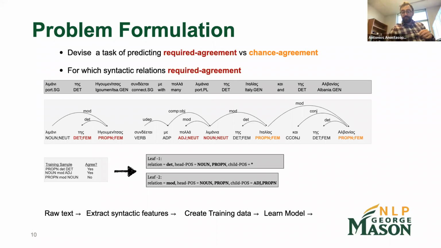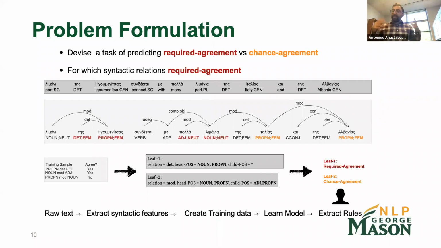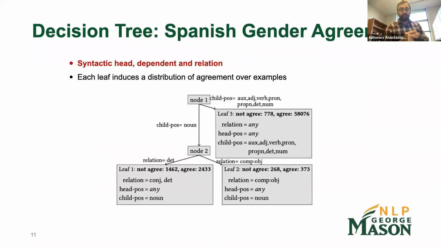And now what we're going to do is use this decision tree to extract rules at the general level. So here's what this looks like. Let's say for Spanish, we have created this training data over a big Spanish corpus, looking at just the gender feature, and we learn that model, and this is what the model looks like.